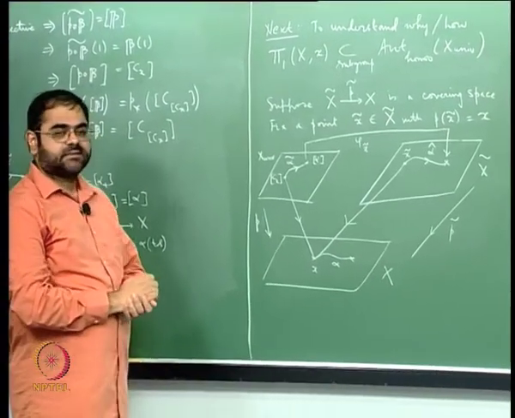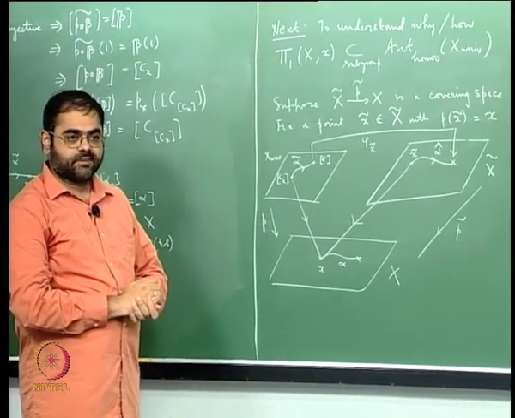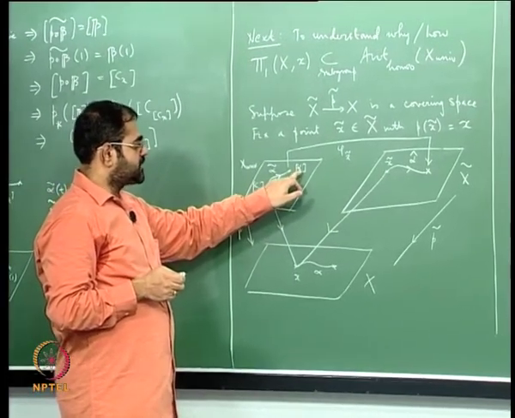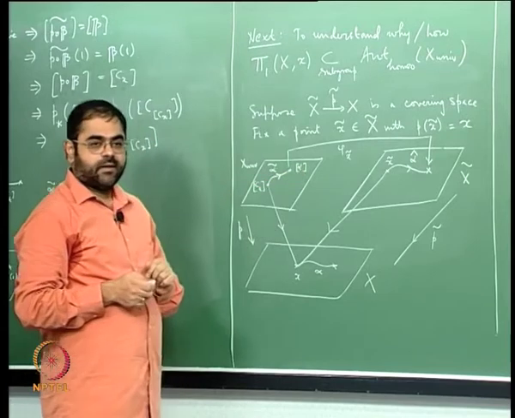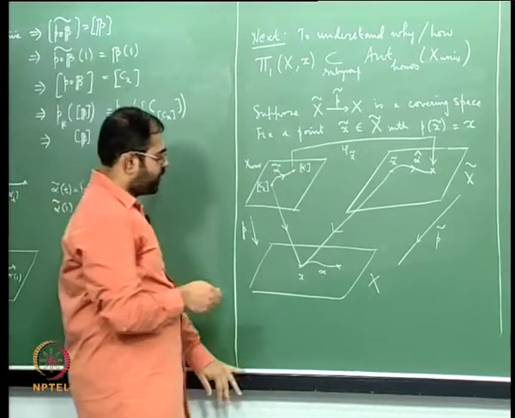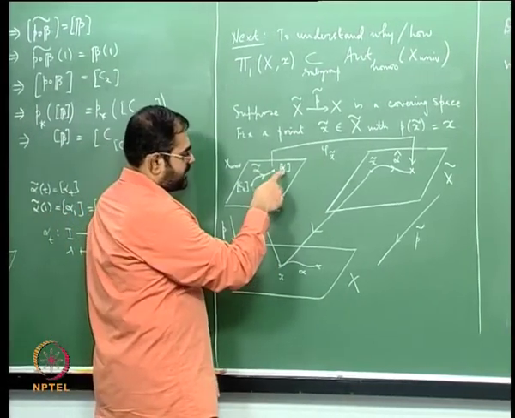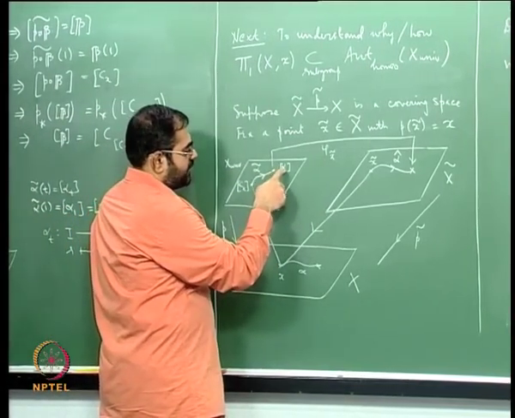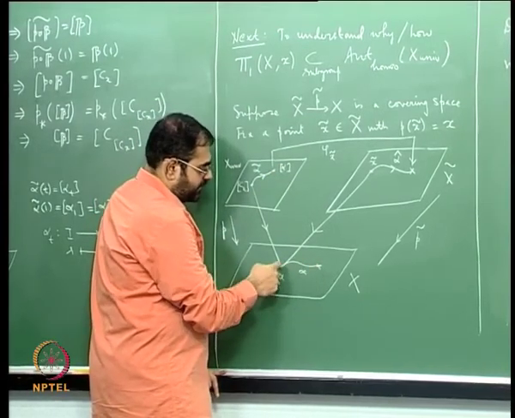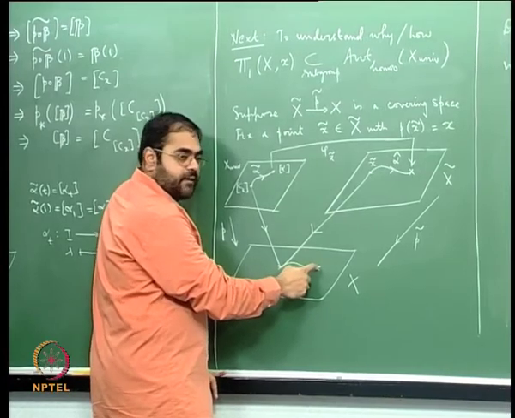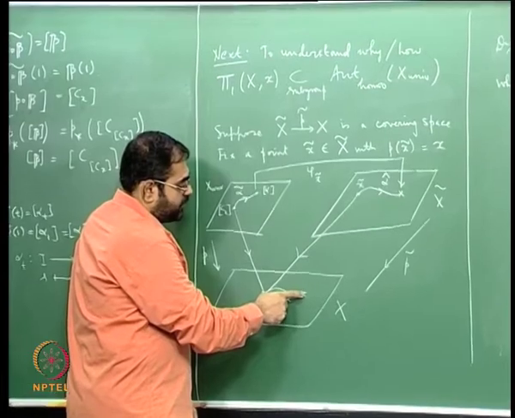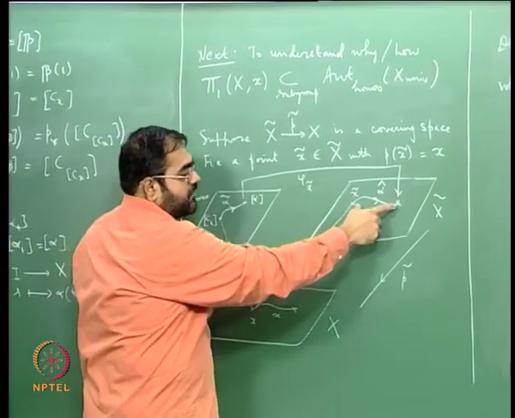Now the point is that this map is well defined, because if I change alpha by something that is homotopic to alpha, if alpha is also homotopic to beta, then I'll have a beta here, okay, which is fixed endpoint homotopic to alpha, and then beta will also lift here.